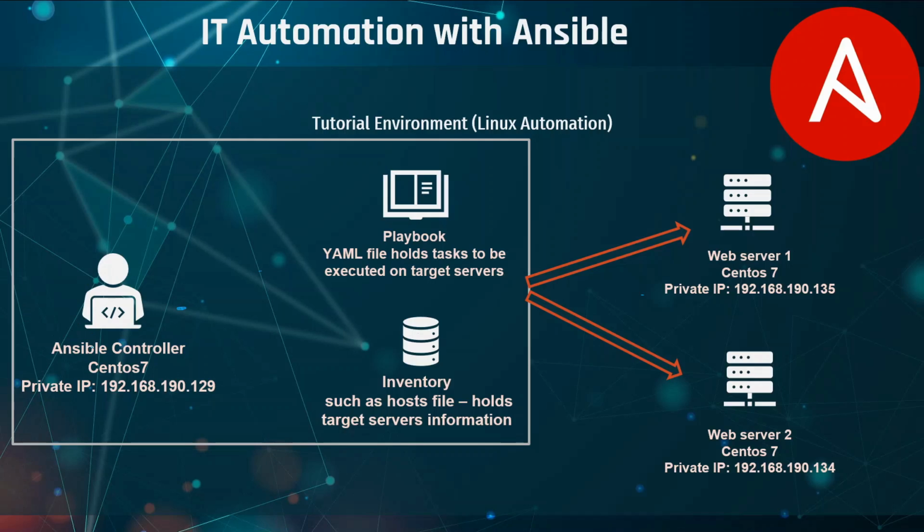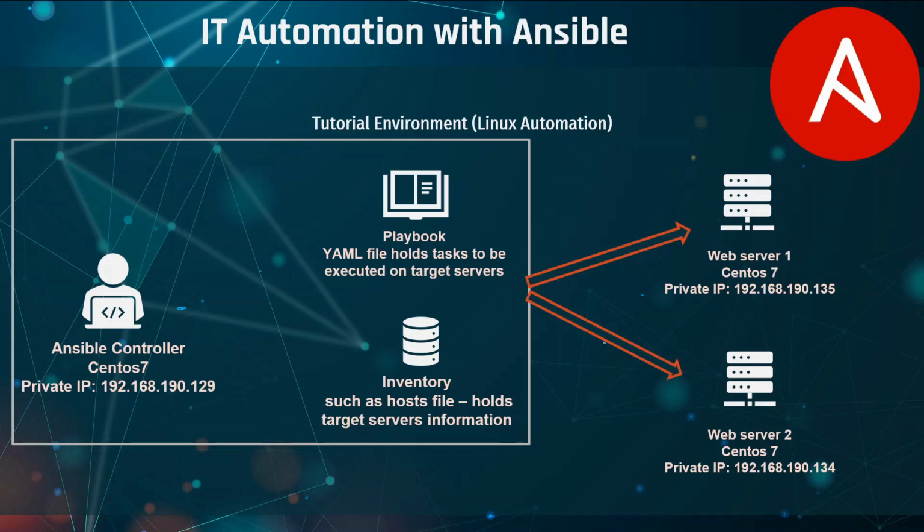So this is the lab environment that I'm using. This is my machine, the machine that I'm going to use to deploy and install the Ansible engine. We have something called a playbook, which is the YAML file that holds the tasks which are going to be executed on the target servers. These are my two target servers, Web Server 1 and Web Server 2.